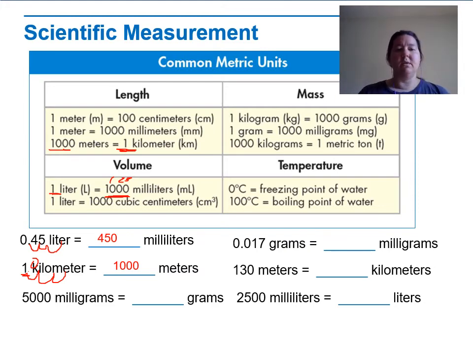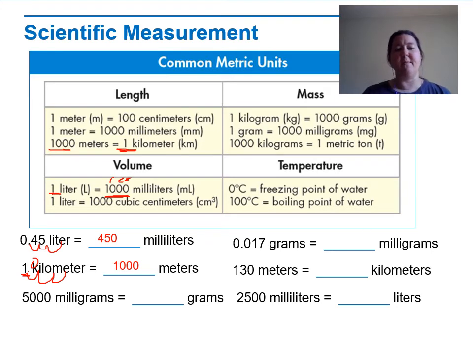So the thing is, if you're going from a bigger unit, a kilometer to a meter, the kilometer being the larger unit, you're going to multiply, you're going to make the number bigger.